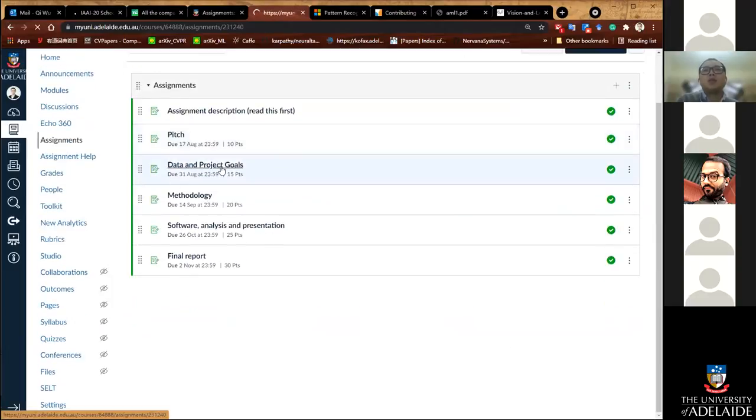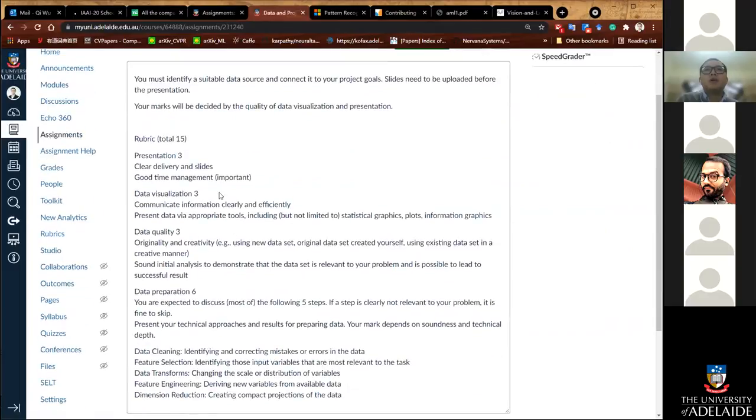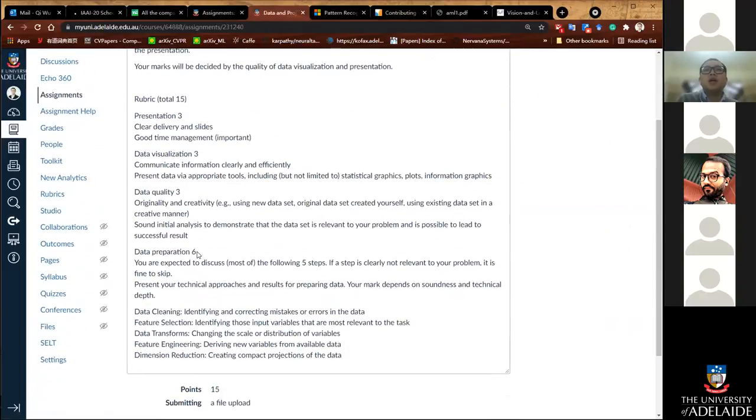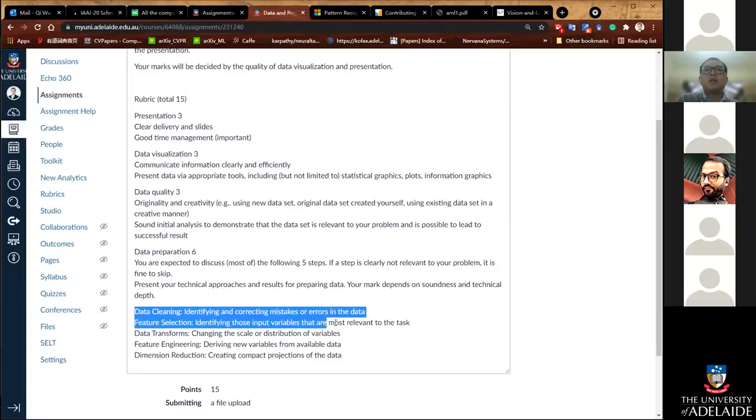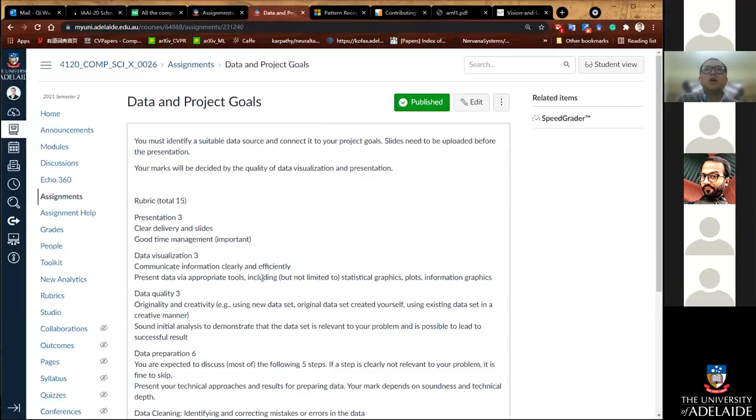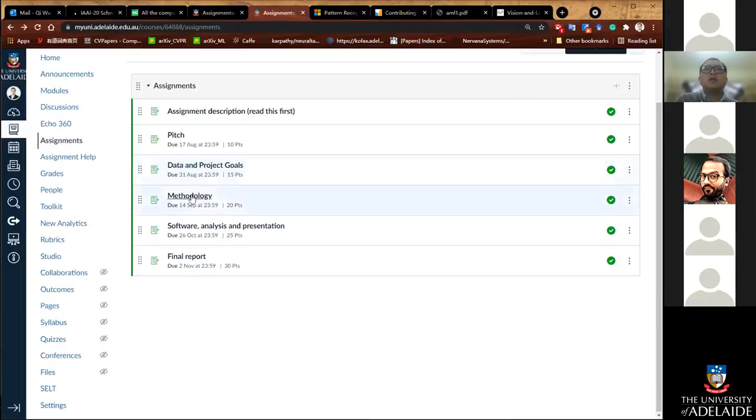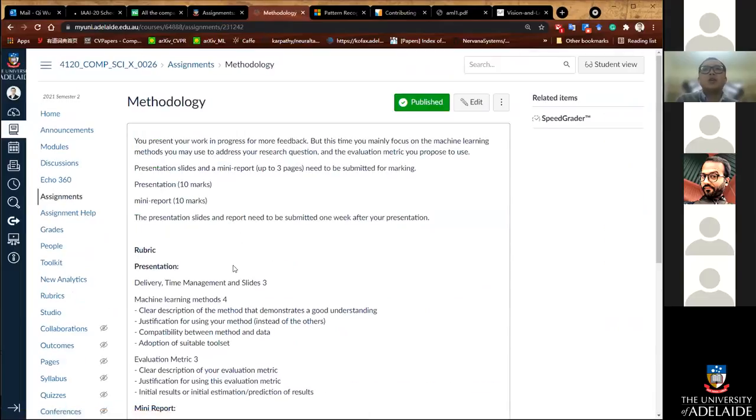And data and the project goals. Here we have the presentation, data visualization, data quality, and data preparation. So we also have a clear explanation for different things. So this is how we mark for the data and project goals. And the third, presentation methodology.